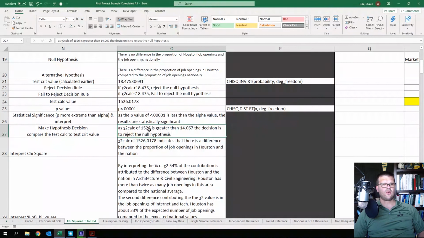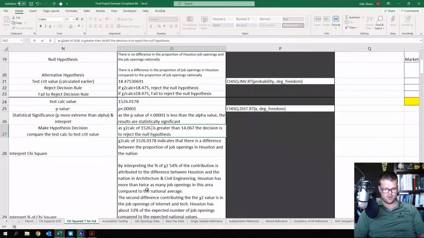So when you have the test calc of 1526.078 is greater than 14.067, the decision is to reject the null hypothesis. Okay, so just put your numbers in here and then say if chi-squared calc is less than or less extreme than chi-squared crit, here, then Control C: chi-squared crit of 14.067, the decision is to reject the null hypothesis.